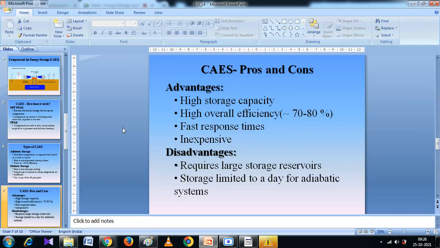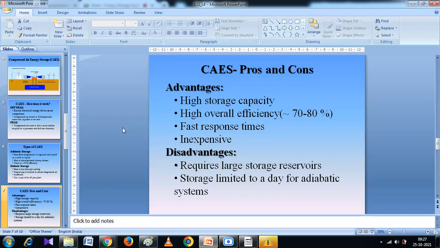So we can say that this is a fast response system, and this is also an inexpensive energy storage system because we don't have much expenditure to create that system, because the main part of it is the reservoir, which we get naturally. So we can say that this is a less expensive system.